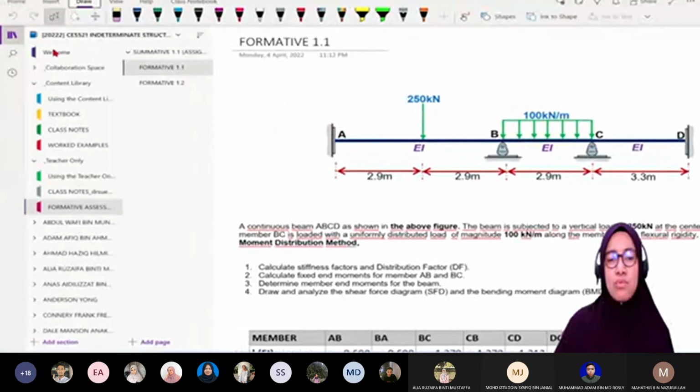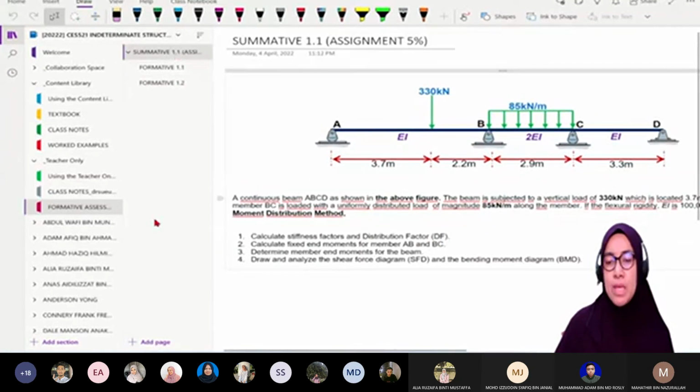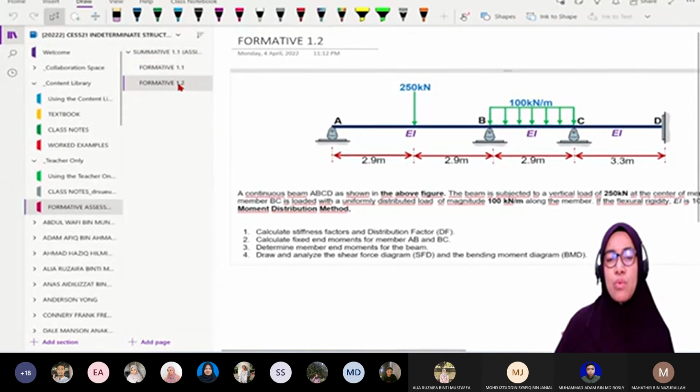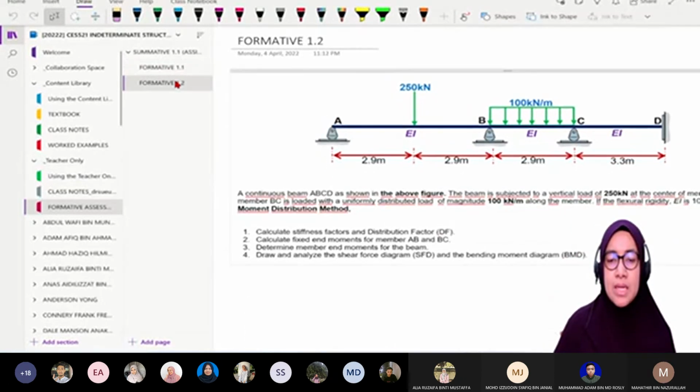Okay, formative 1.1, 1.2 ni untuk your exercise, you boleh buat. And summative ni yang you have to submit. So formative 1.1, 1.2 ni nanti saya akan distribute dalam your folder. Okay, formative 1.1 dengan 1.2 ni I will distribute into your folder.